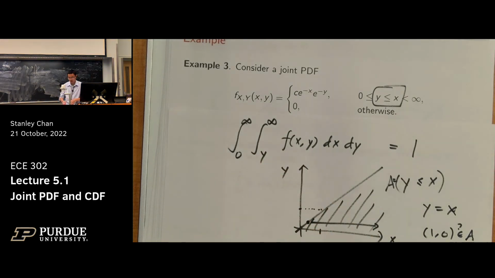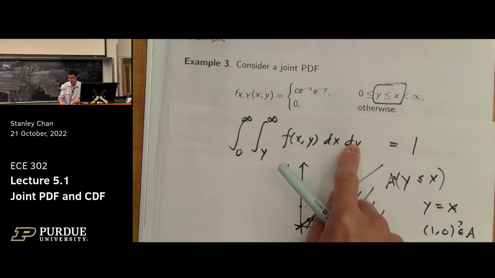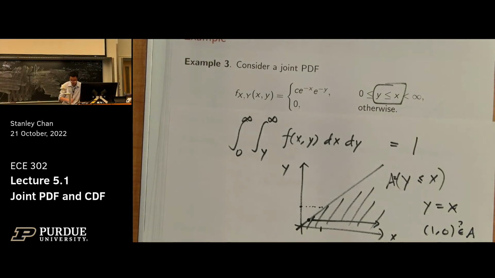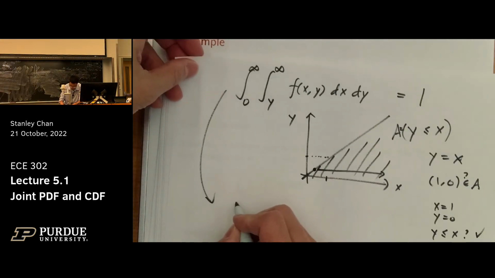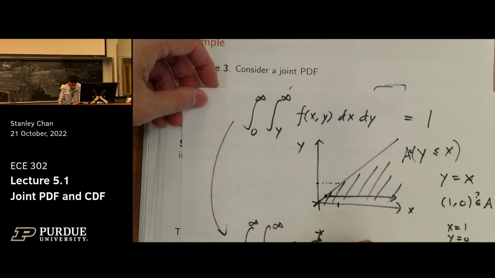That's allowed because the inner integral's y works with the outer integration dy. Okay, so then let's just carry out the integration. It will be the double integration from 0 to infinity, y to infinity, c times e^(-x) e^(-y), dx and dy.